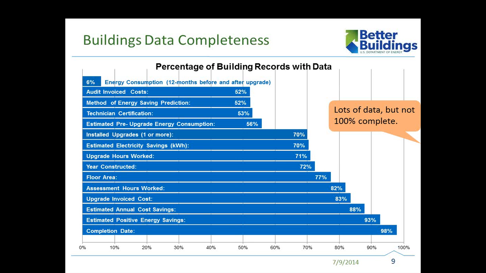At the top, you see when we were asking for energy consumption data, we only got about 6% of the projects that were reported where we were able to obtain energy consumption data that was 12 months before the upgrade and 12 months after the upgrade. There are a number of reasons why that was challenging.